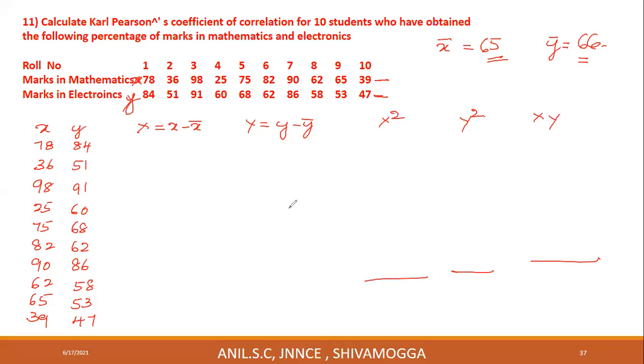I give you the answer. You compare with which you obtained. R will be 0.819. Summation x square is 539. Y square is 2224. And xy is 840. You compare the values with which you obtained. R must be 0.819. You can approximate it to 0.82.